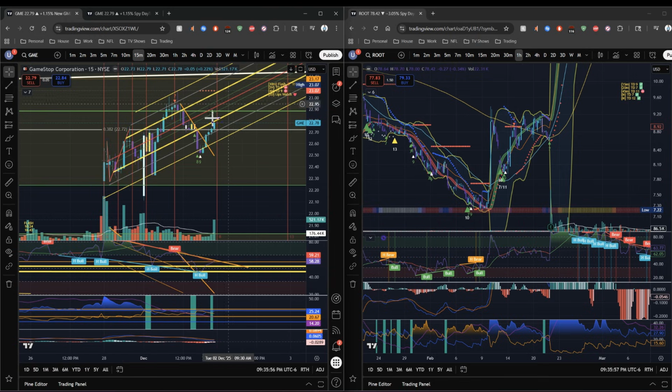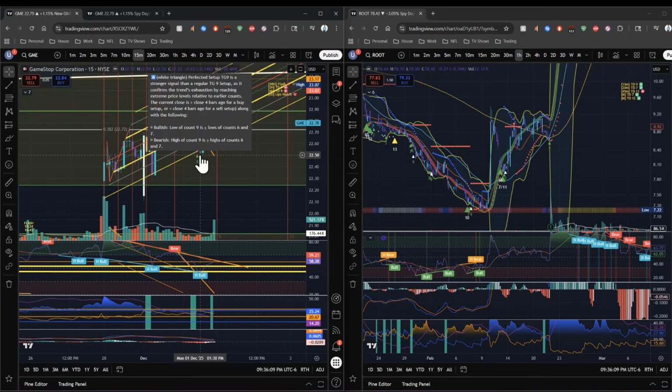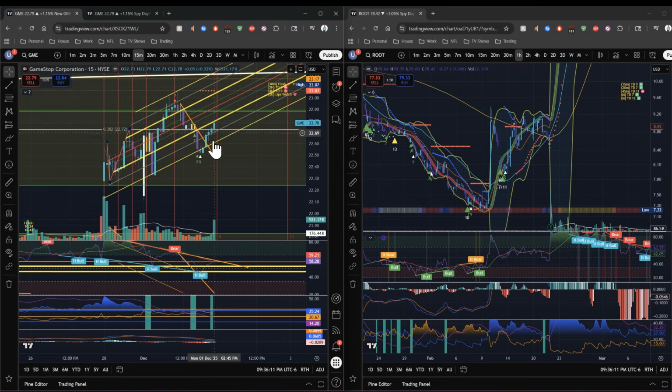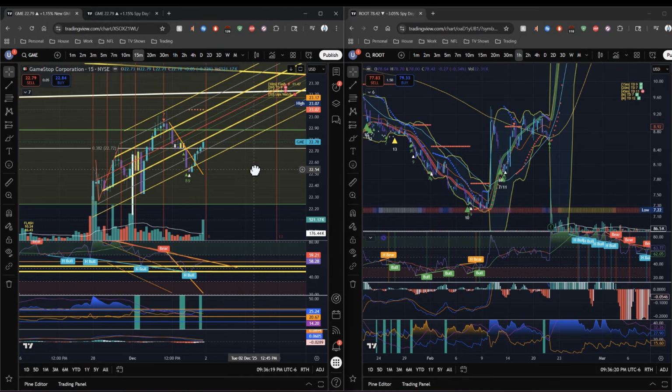You can see that every time it dipped below this 1.618 level, price was immediately rejected back up into the fib channel. Did it once, twice, and then recently at the end of the day here it did it for a third time, especially on this TD9 here. So that's why I've been using this fib channel most recently.